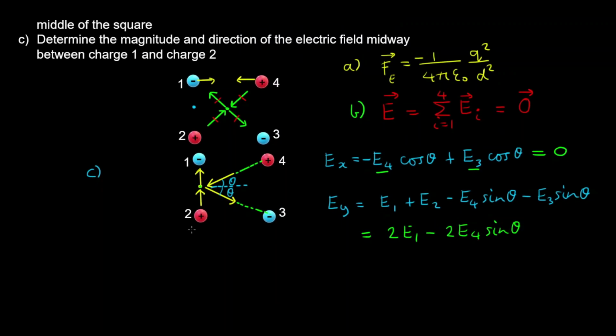And in the y direction, we can use some geometry to get sine theta. So that would be the opposite dimension, which is d on 2, over the hypotenuse. So the hypotenuse is going to be equal to the square root of d squared plus (d on 2) squared.